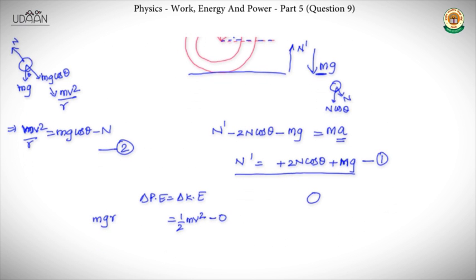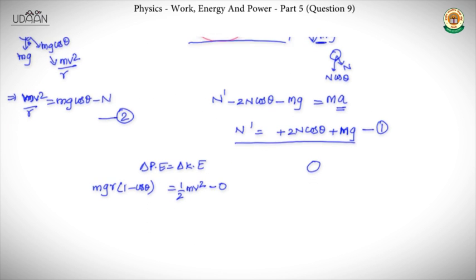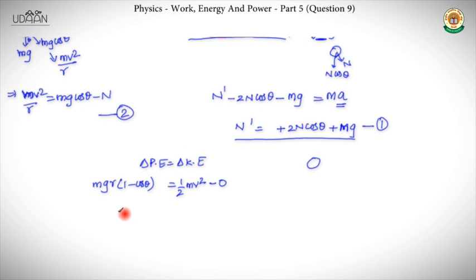So it has come down by a distance r into 1 minus cos theta, which is the change in potential energy. So here we can write mv square by r is equal to 2 small m g into 1 minus cos theta. Let us name this equation as 3.